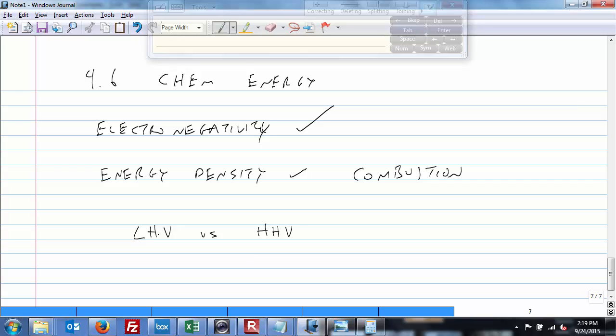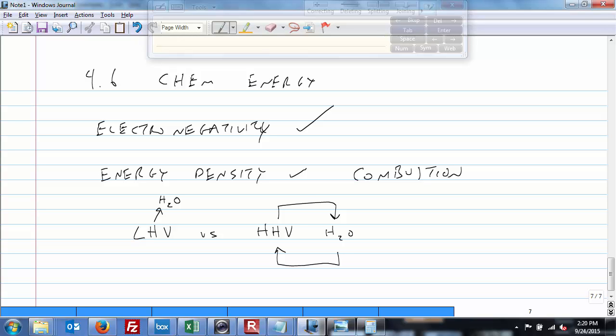So you can just think of this as H2O leaving the system. The higher heating value, and this would be more in a power plant, the H2O actually comes back, and that heat is recovered in a heat exchanger. That's the difference between the lower heating value and the higher heating value. When you see those two acronyms there in table 4.2, that's all that means.